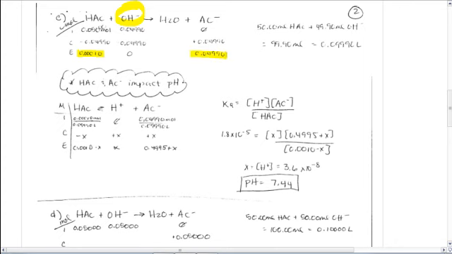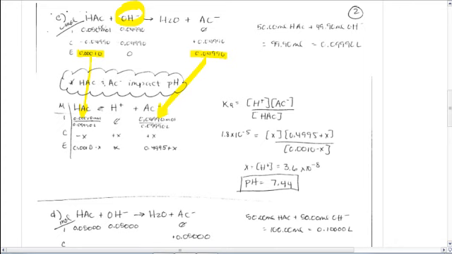Both of those are there to impact the pH. And plug it into the ICE table, just like before. So we have to account for our new volume, which is now 99.9 milliliters. Lose some, gain some, plug it into the expression, solve for X, take the pH, which you get is 7.44. You guys get that number?